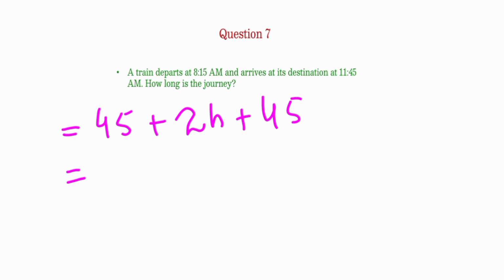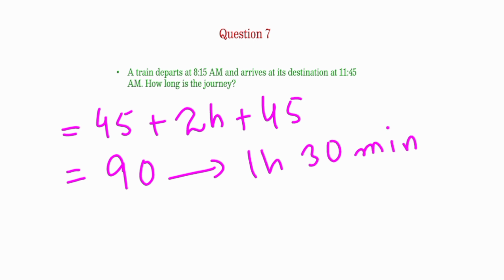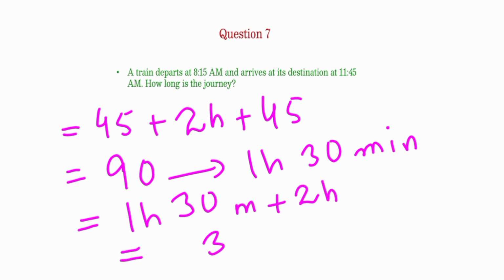Okay, 45 add 45 will give us 90, which is equal to 1 hour and 30 minutes. Now we add 1 hour and 30 minutes to the other 2 hours. 30 minutes add 2 hours will give you 3 hours and 30 minutes.